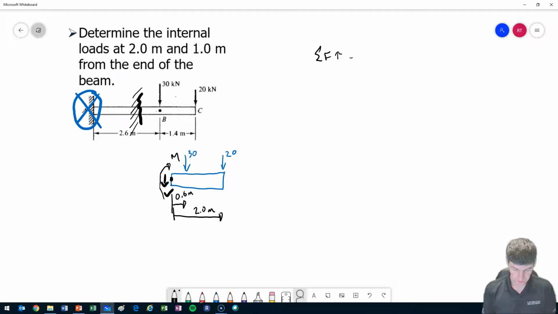Sum of forces up has to equal sum of the forces down. So in this case, look at that, what I've assigned to push up, which is nothing, is going to be equal to V plus 30 kilonewtons plus 20 kilonewtons, and V in this case is negative 50 kilonewtons.